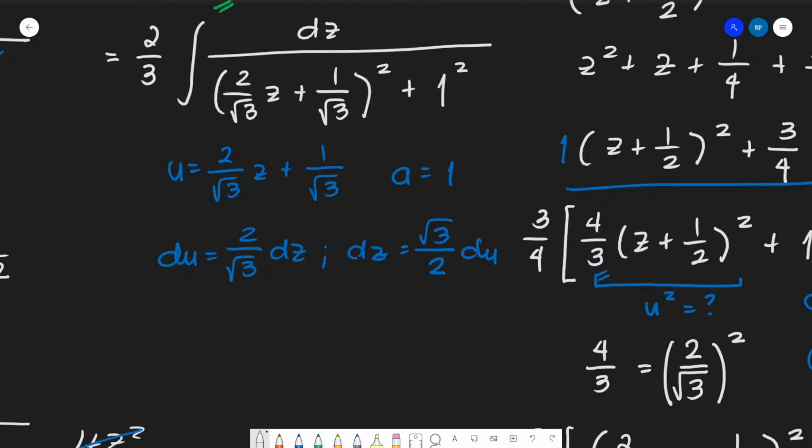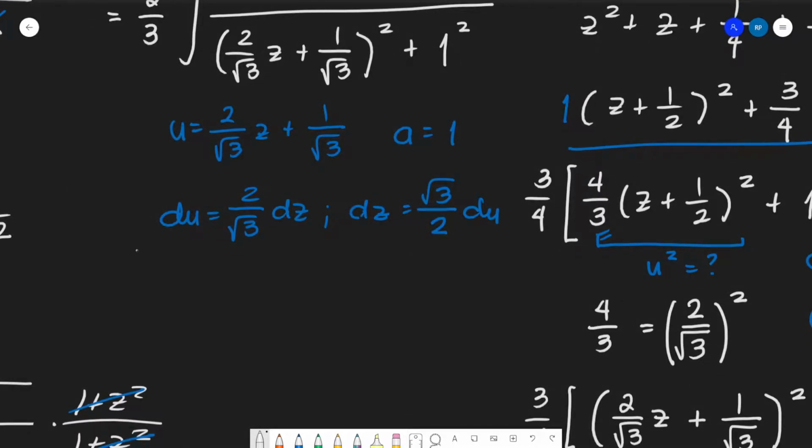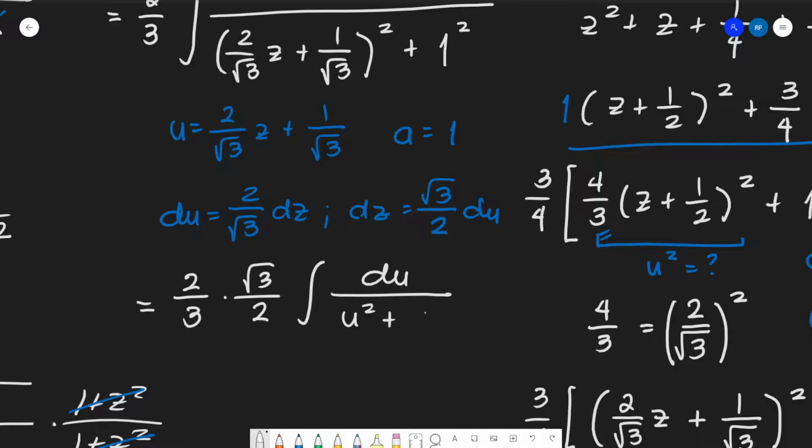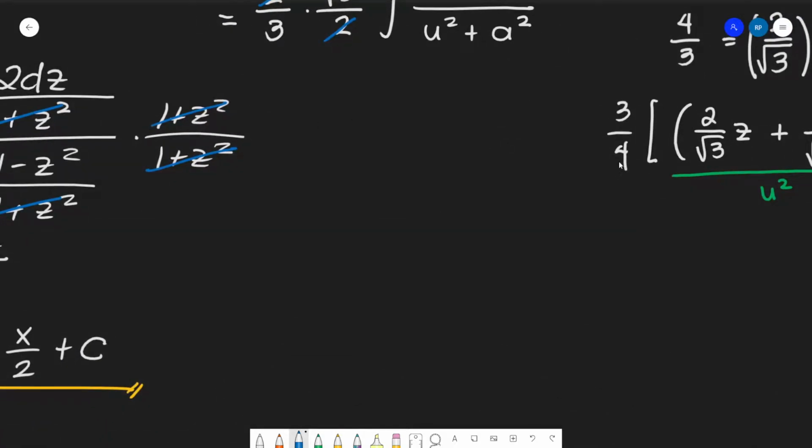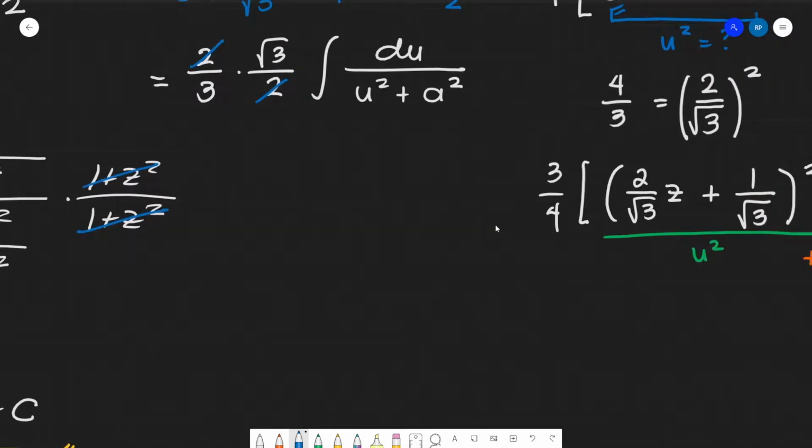From this, parang medyo complicated na integral, magiging 2 over 3 times square root of 3 over 2. Nilabas ko na lang siya. Ito yung neutralizing factor, ha. Integral ng du over u squared plus a squared. Tapos makakancel yung dalawang 2. Therefore, may iiwan is square root of 3 over 3. Diba? So, next. Sorry, medyo naipit pala yung ating solution. Ayan.